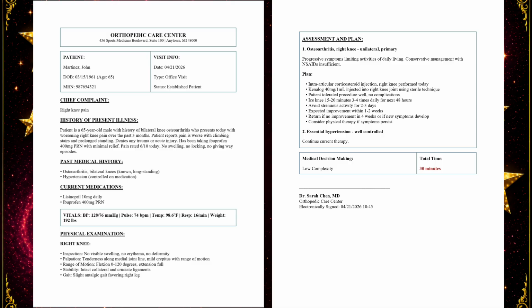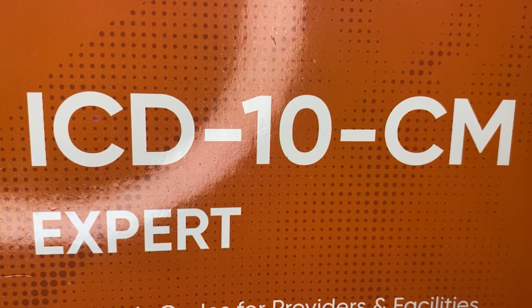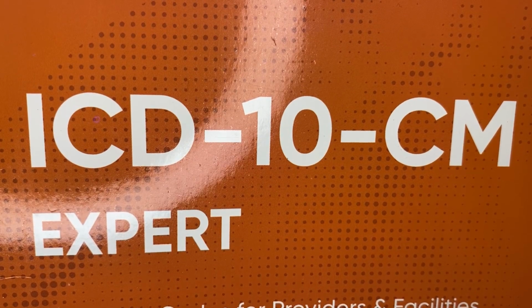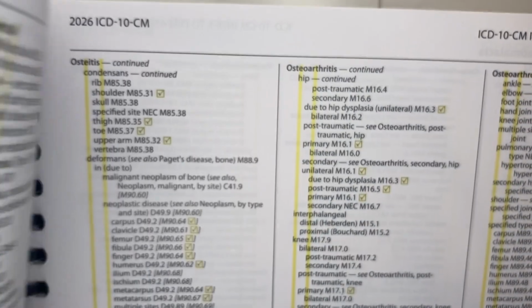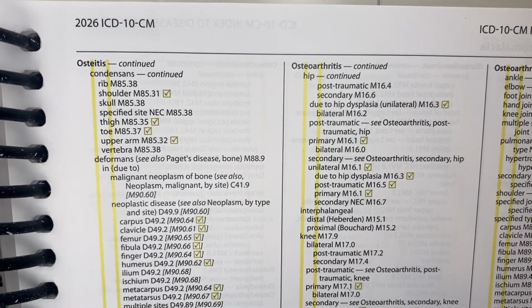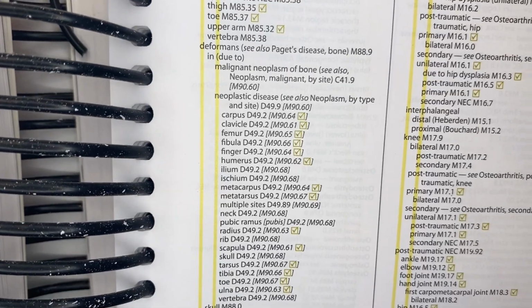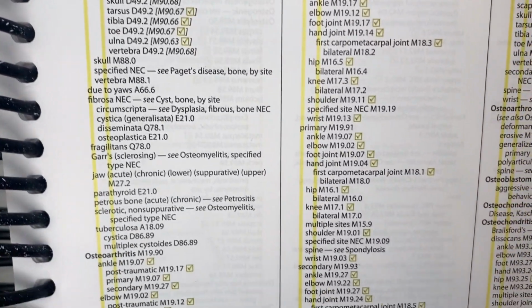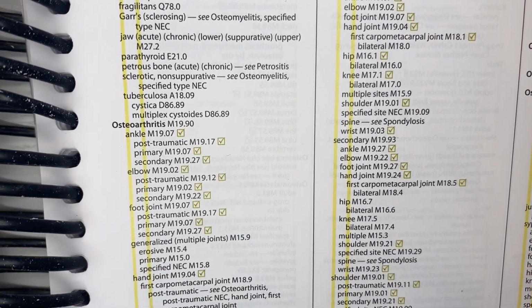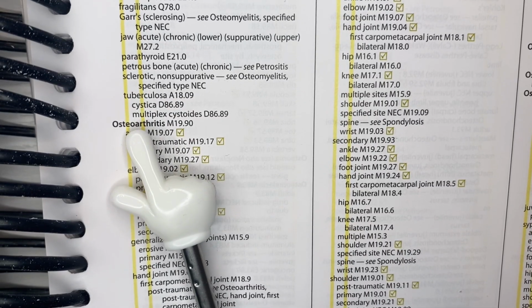Now let's code this step by step. First, the diagnosis. I'm opening my ICD-10-CM index and I'm looking for our diagnosis of osteoarthritis. So I go to the O's and I look for osteoarthritis.